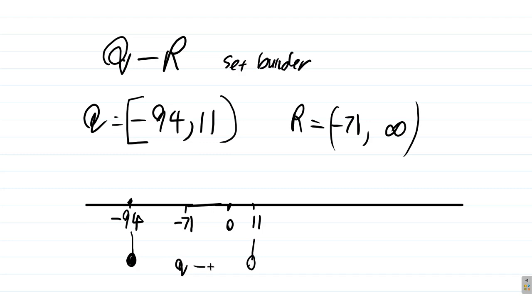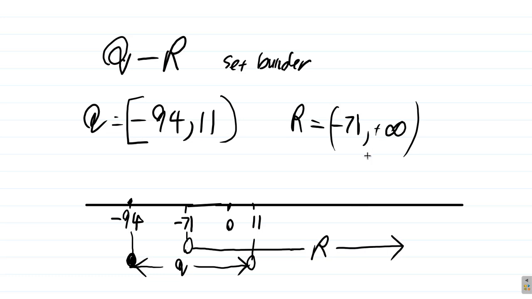So Q goes between negative 94, included, and 11, not included. How about R? R goes from negative 71, not included, to positive infinity.